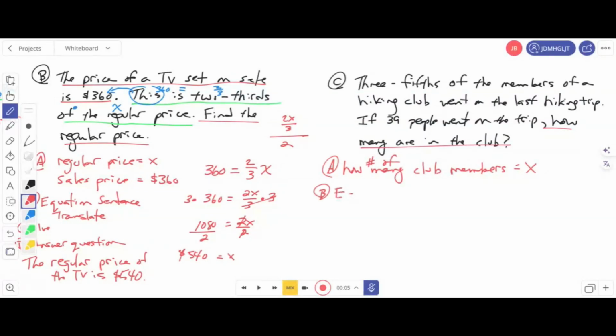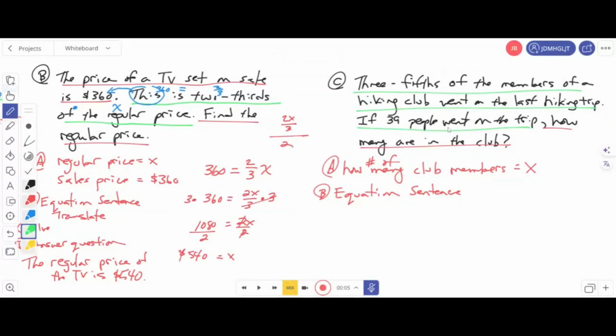Next, we find the equation sentence. Occasionally, the equation sentence is really two sentences.